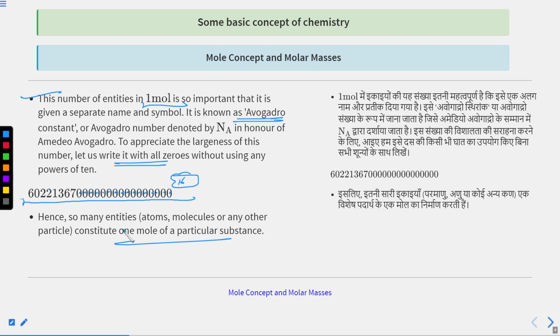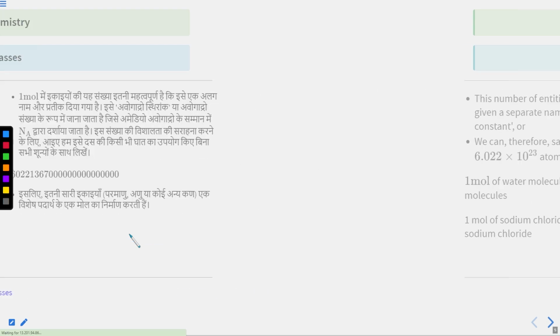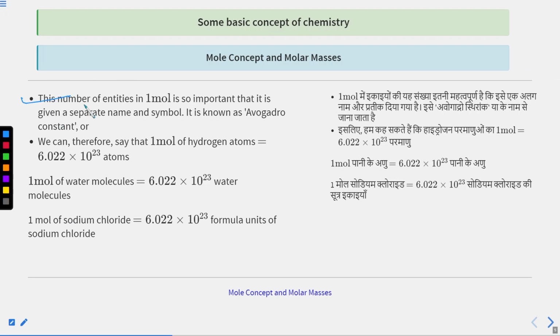So again I am repeating, so many entities, atoms, molecules or any other particles constitute 1 mole of a particular substance. And this number of entities in 1 mole is so important that it is given a separate name and symbol, named the Avogadro number.